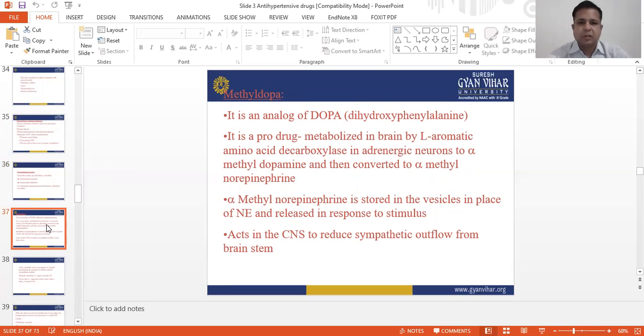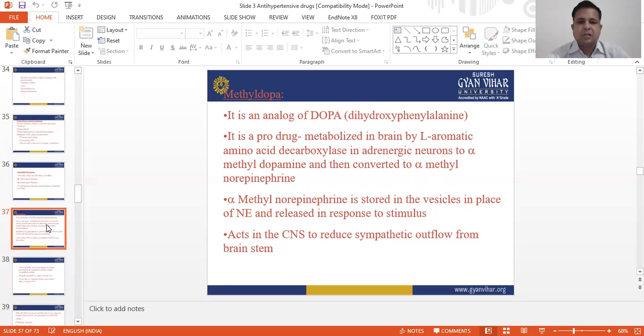It is a prodrug metabolized in the brain by L-aromatic amino acid decarboxylase in adrenergic neurons to alpha-methyldopamine and then converted to alpha-methylnorepinephrine. Alpha-methylnorepinephrine is stored in the vesicles in place of norepinephrine and released in response to stimulus.